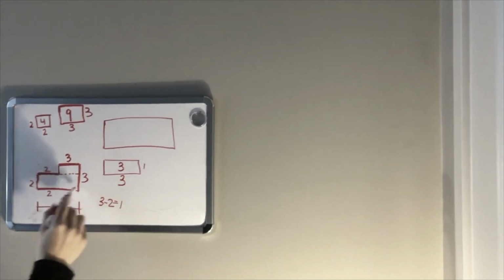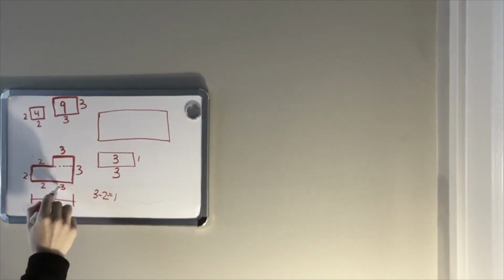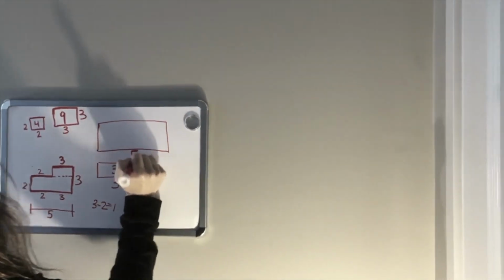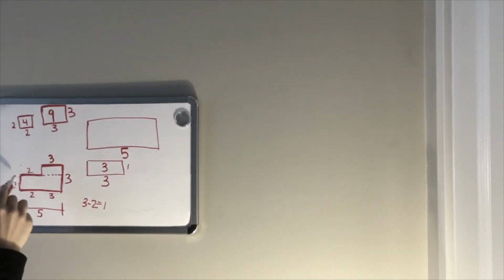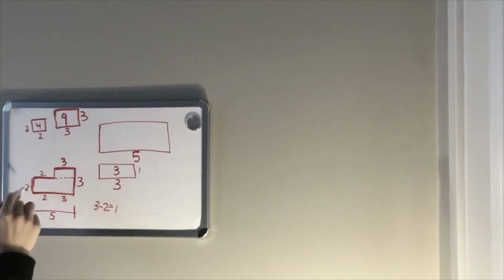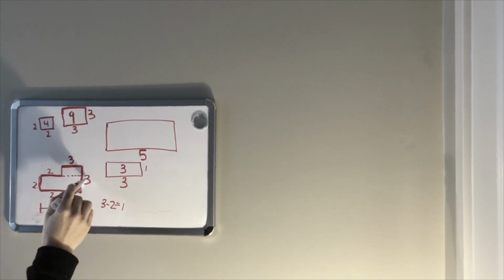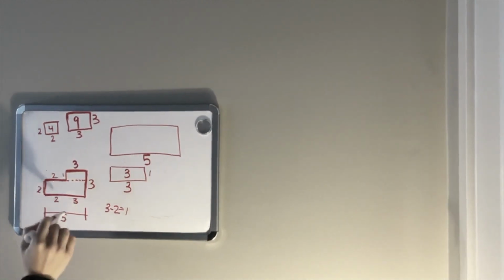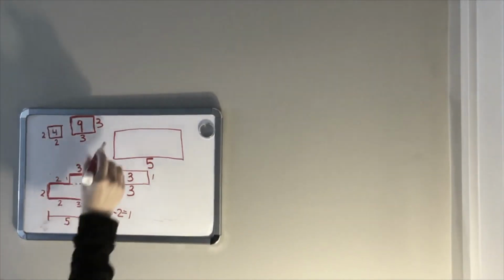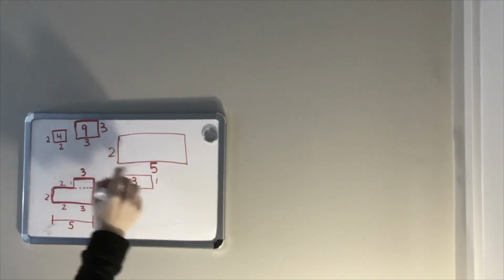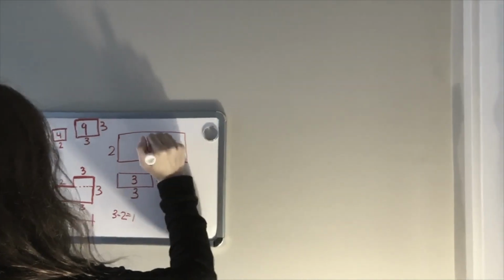So we know that this bottom length is 5 because 2 plus 3 is 5. And we know that this length is 2, or we could also do 3 minus 1, which we found right here, is 2. So 5 times 2 is 10.